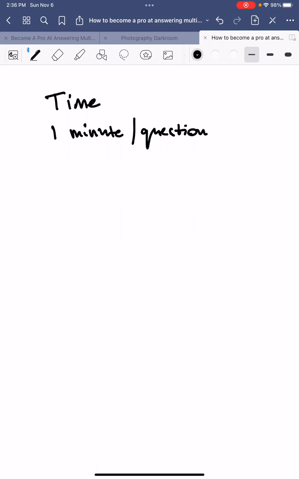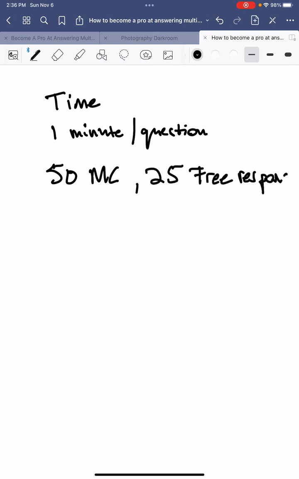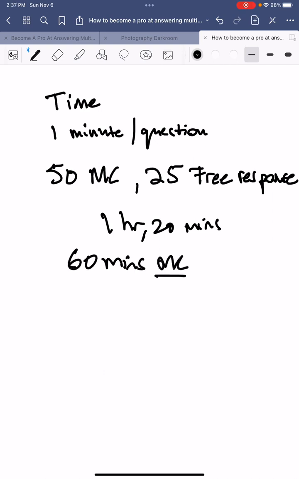But I think it would be better to allow for a block of time. So let's say you have 50 multiple choice questions and you have 25 points in the free response section. And let's say you're given 1 hour and 20 minutes to complete the whole exam. I would budget to spend at least 60 minutes on the multiple choice section.